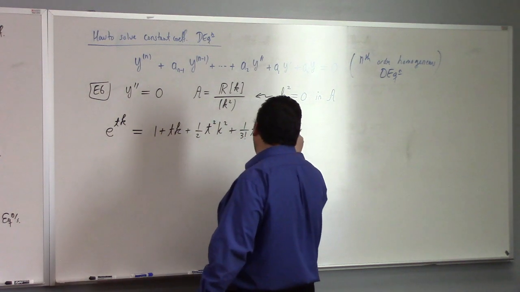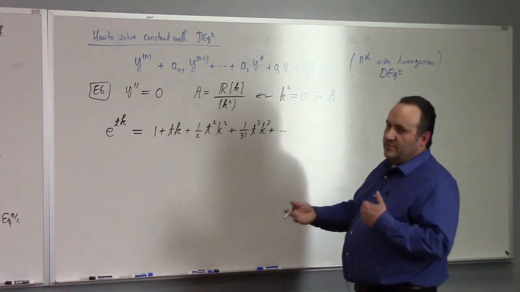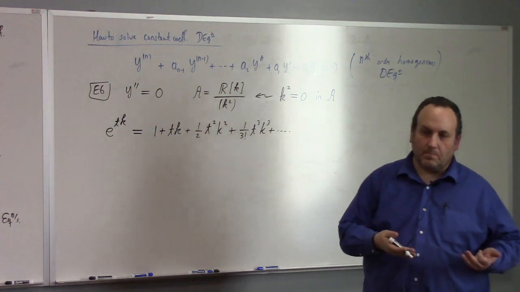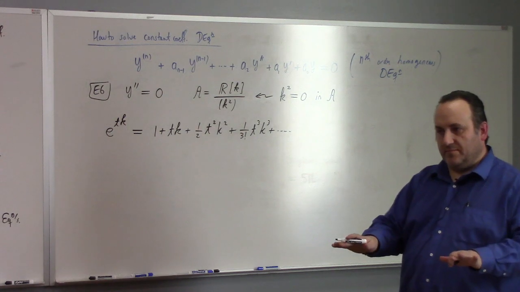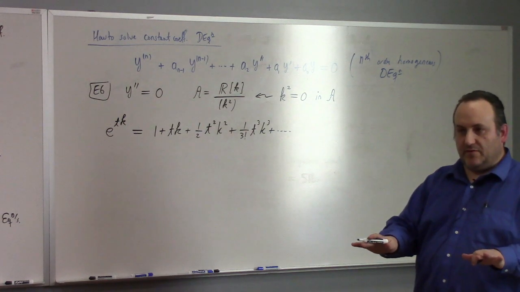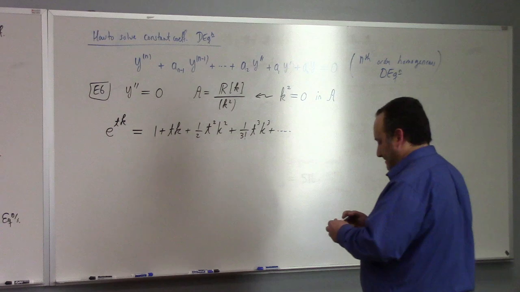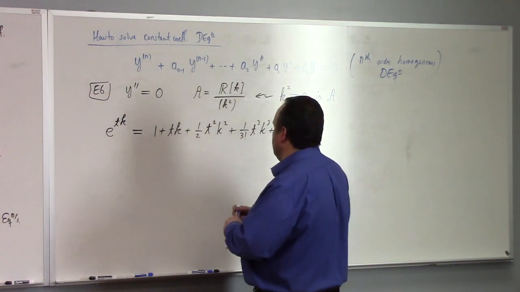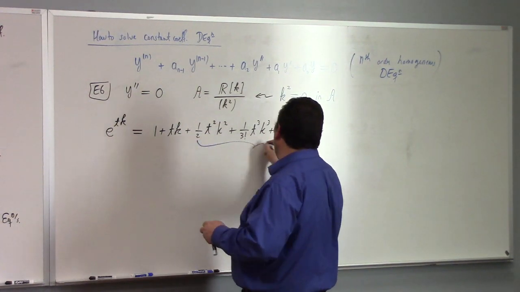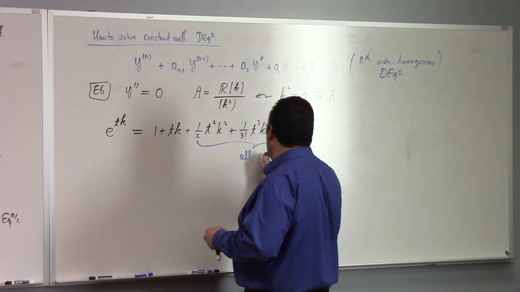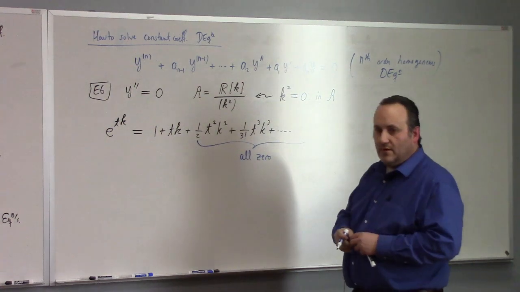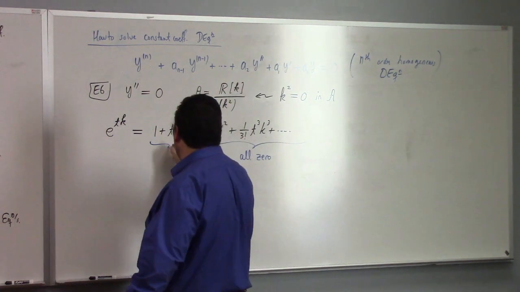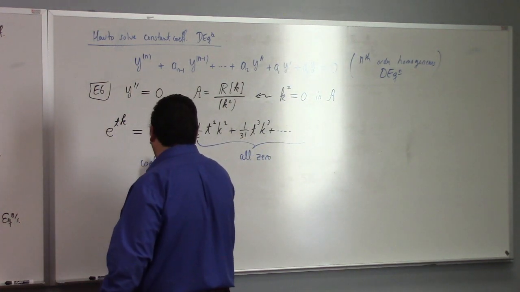You know the exponential series, I hope. But what did we just say about this algebra? This is the algebra in which k squared is 0. So what happens to this power series? How about this here? All 0.